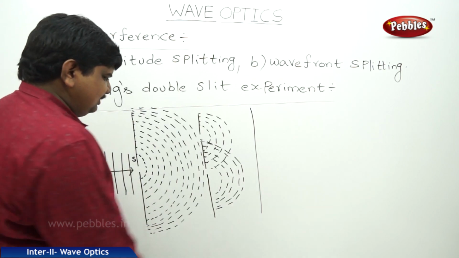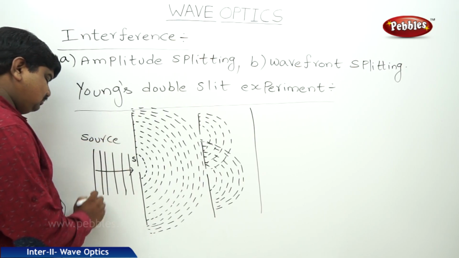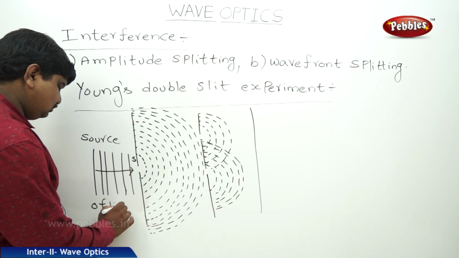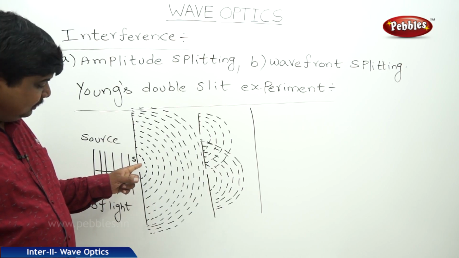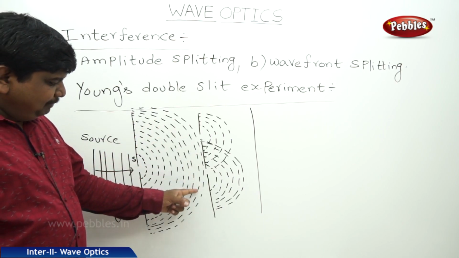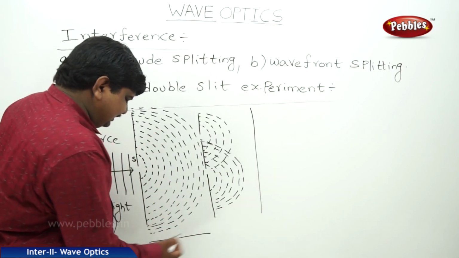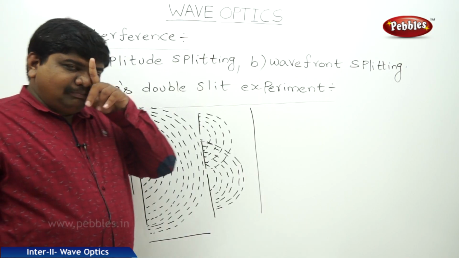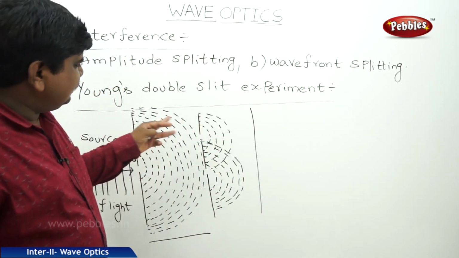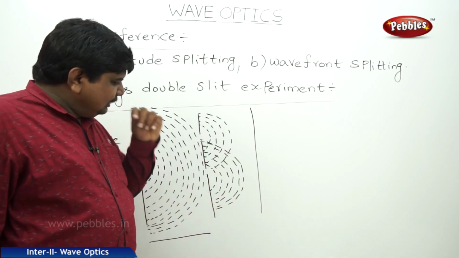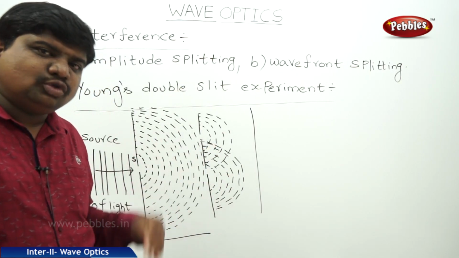So what we can understand from this pattern is, this is the source of light, and when it passes through a slit, its amplitude is uniformly distributed in the form of a wave. So this is the amplitude splitting. When this passes through two narrow slits nearby, its wave fronts are also split, and these split wave fronts interfere with each other according to the superposition principle.